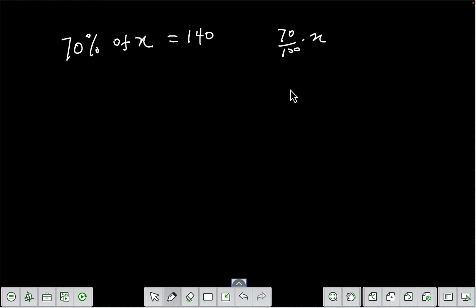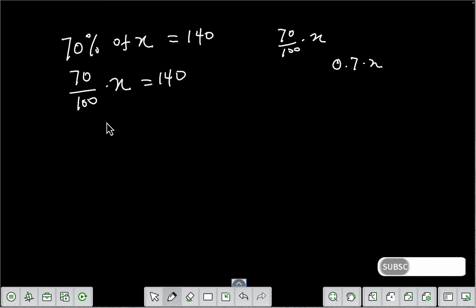So 70% of x is the same as 70 over 100 times x. And again, 70 over 100 can also be expressed as 0.7 times x. So you can use either approach, okay? So we're going to do 70 over 100 times x equals 140.